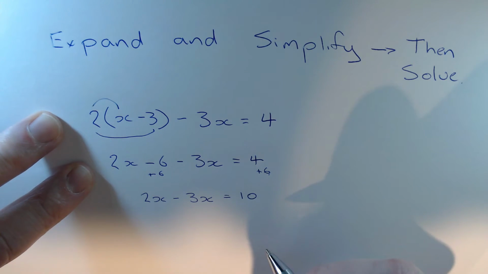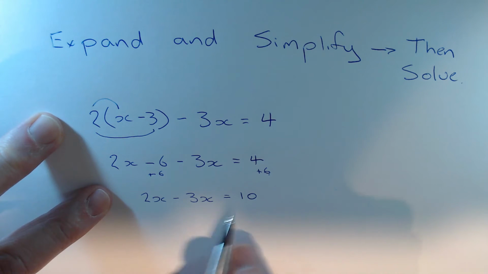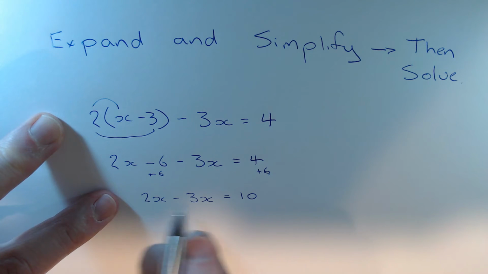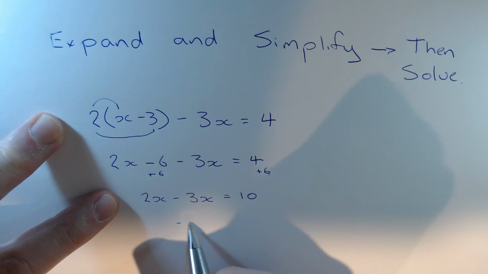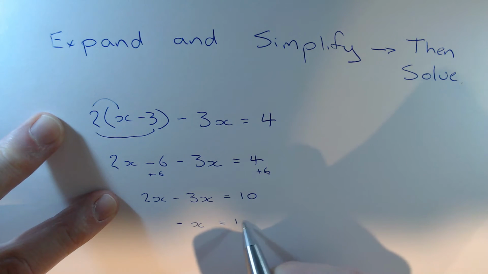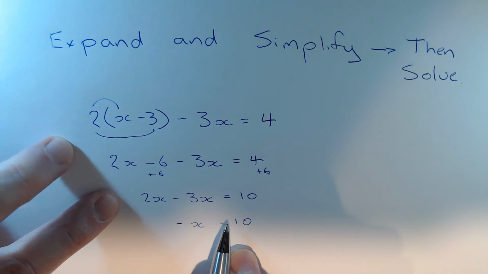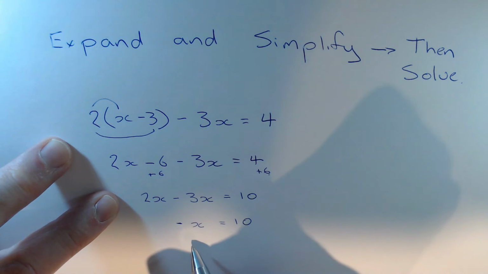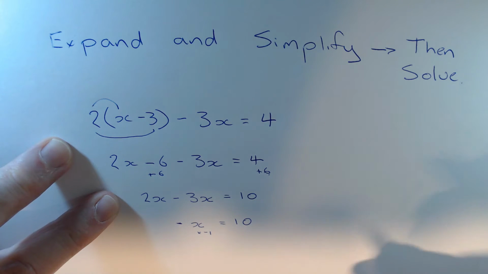Then we can take the two terms with pronumerals in them and simplify that. 2x minus 3x is just going to leave us with minus x. The right hand side we know is equal to 10, so now we have a negative x being equal to 10. If we're solving, we want to find the value for x, so our final step is to multiply both sides by minus 1.